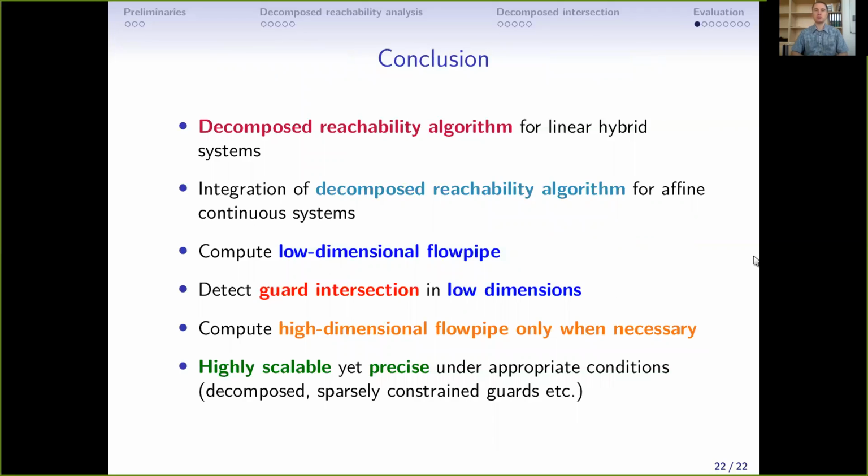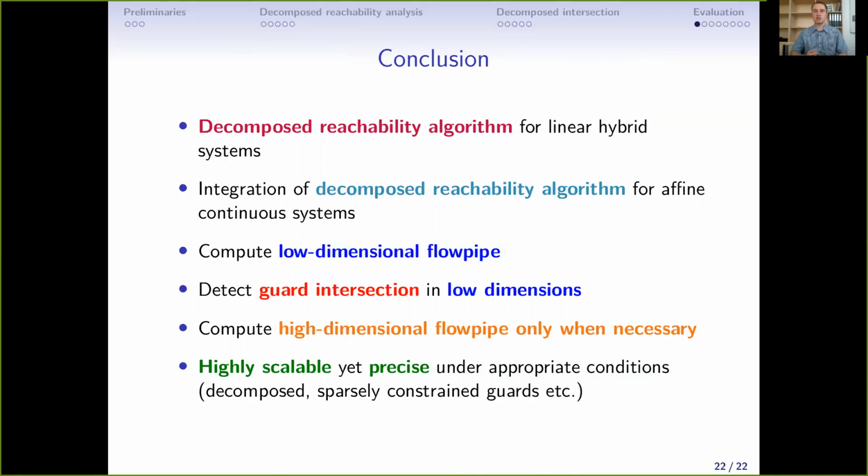So let me conclude. We have presented a decomposed reachability algorithm for linear hybrid systems. For that, we have integrated the existing decomposed algorithm for continuous systems into the hybrid loop.